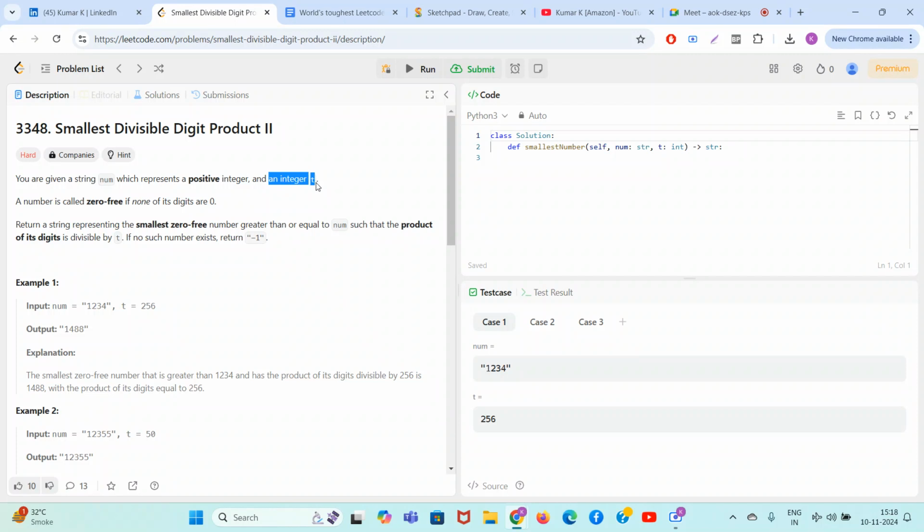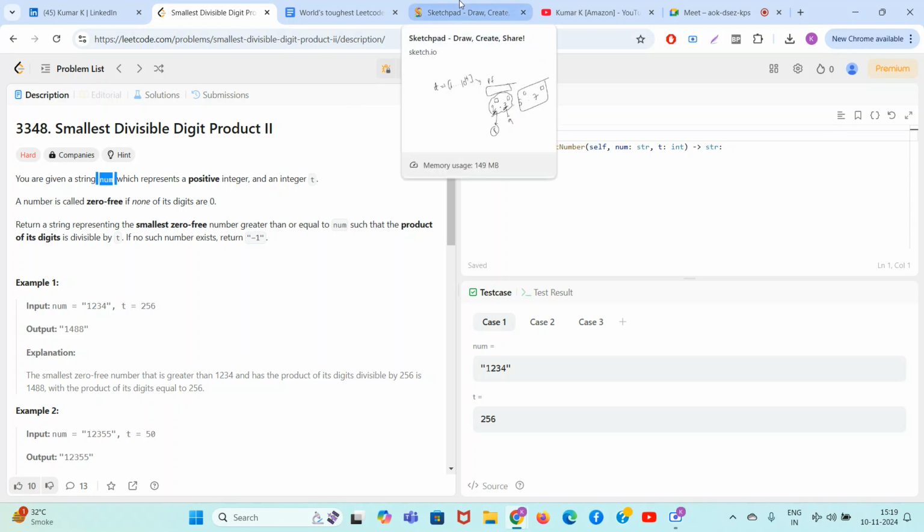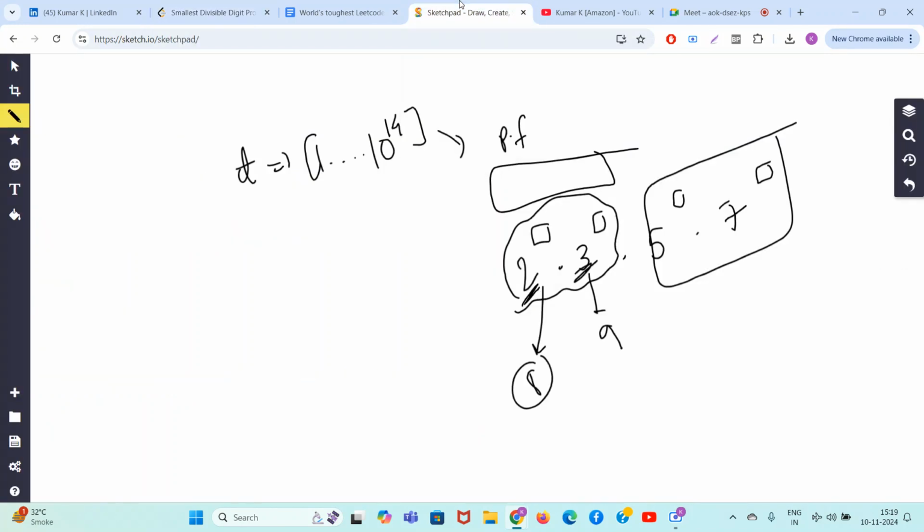The product of the digits of that particular number should be divisible by t. I hope that much you understand, right? So that much you will do, but the main issue here is that your answer should be greater than or equal to num. That's what makes everything difficult here.